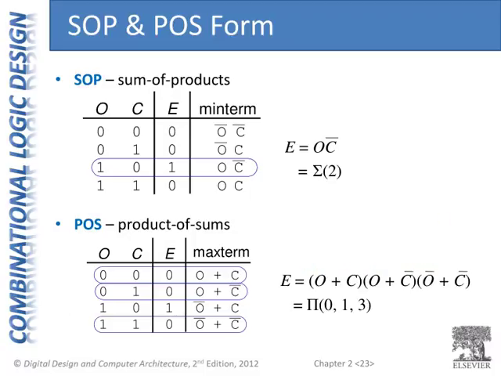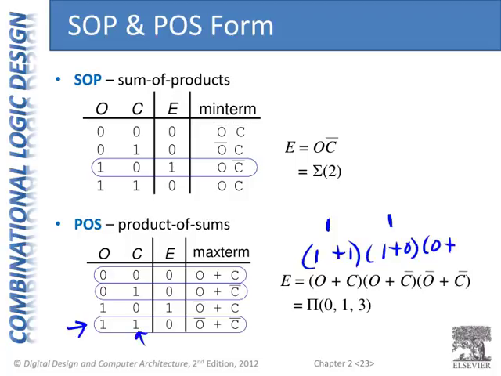And finally, the last input combination, 1, 1, where O is 1 and C is 1. We're going to get 1 or 1. Yep, that evaluates to 1. This one is 1 or 1 bar, which is 0, 1. And we're going to get 1 bar, which is 0, or C bar.